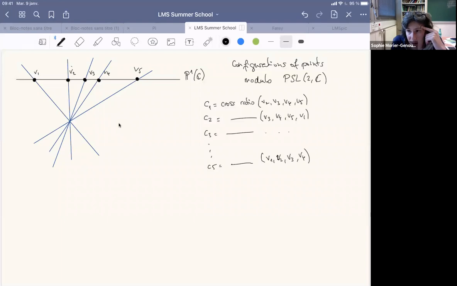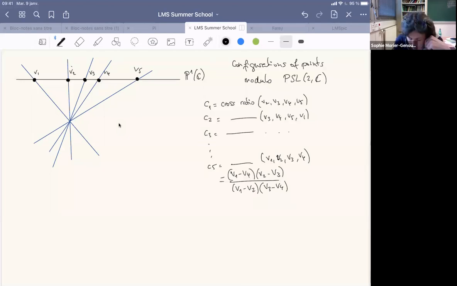There are several formulas that you can use for a cross ratio. So the one I want to use is this one. Which one? V1 minus V4 times V2 minus V3 over V1 minus V2 times V3 minus V4. So if you look at these 5 cross ratios, they are not free numbers.